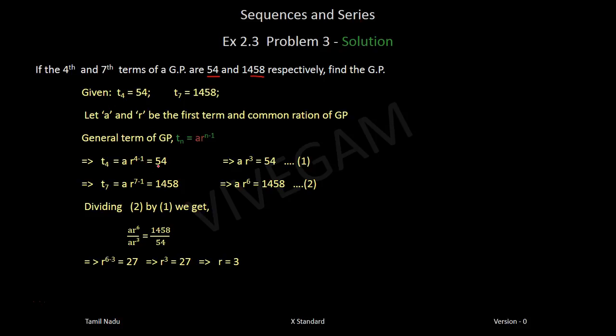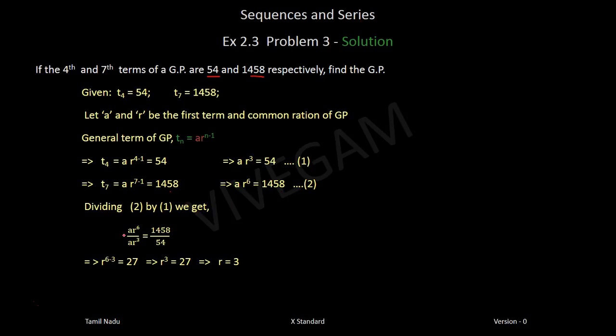They have given it as 54. So this equation becomes AR cubed equal to 54. Similarly, T7 is AR to the power of 7 minus 1, that's equal to 1458. So we get AR to the power of 6 is 1458.